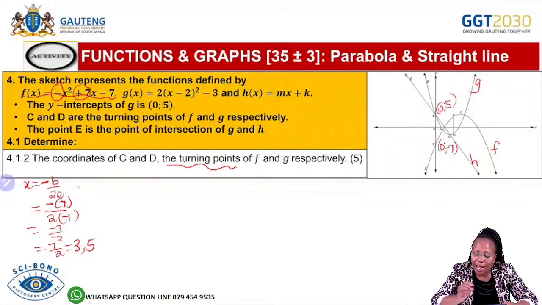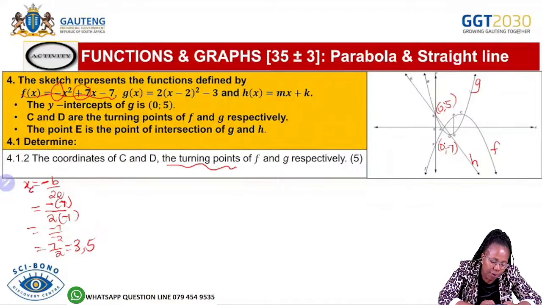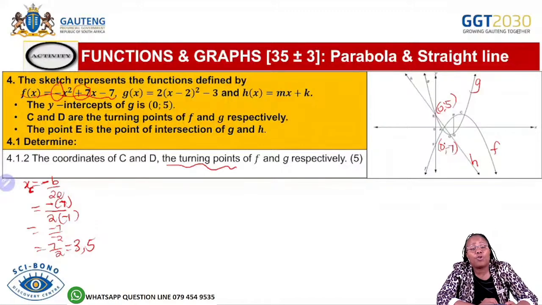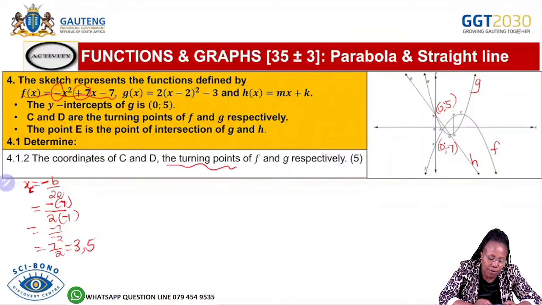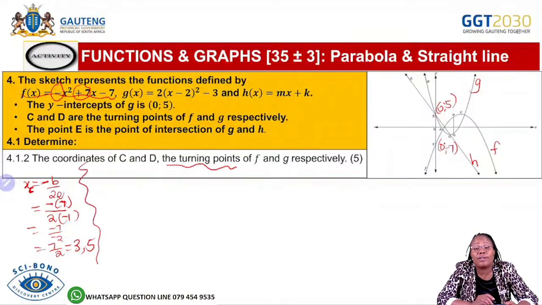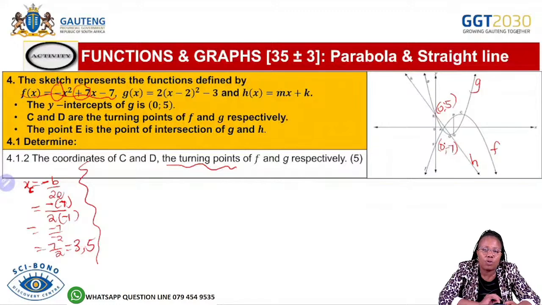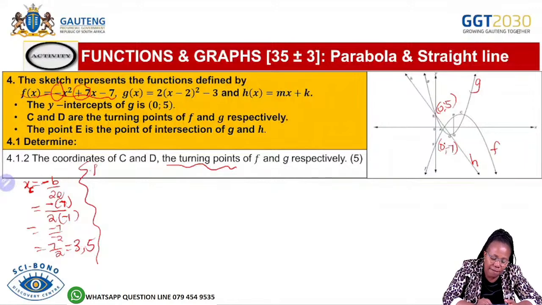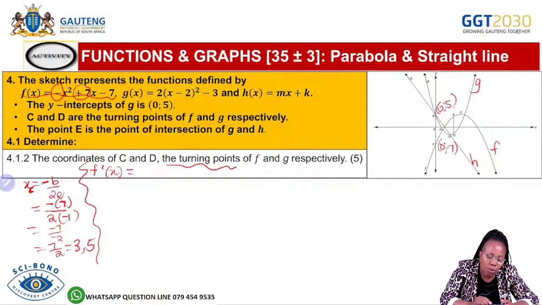And for which graph? For f, that means this will be for C. If you don't go for that formula, grade 12, you can use your derivative from calculus, because you know that where the derivative is stationary, it's a turning point. So now you can differentiate your f function. The derivative of that function is 2 times minus 1, which is -2x, subtract 1 from the power, it will be to the power 1.